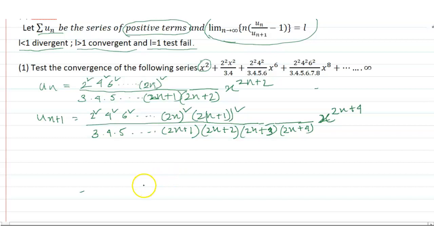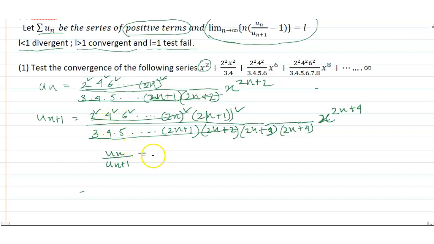Now I can write Un divided by Un plus 1. Whatever I get, the first term is totally cancelled, and this term is also cancelled.